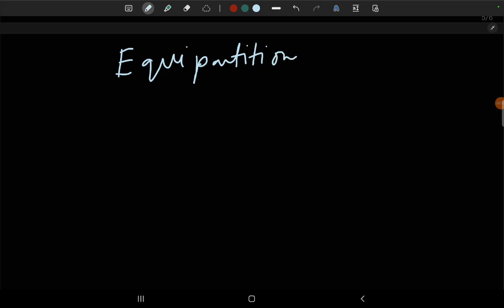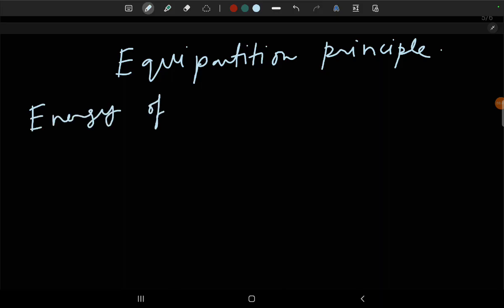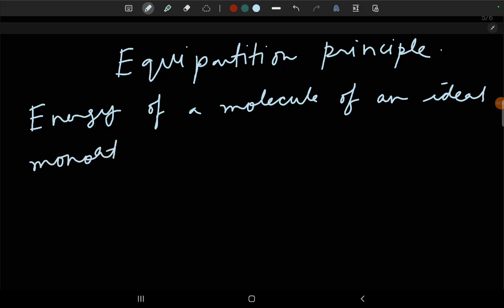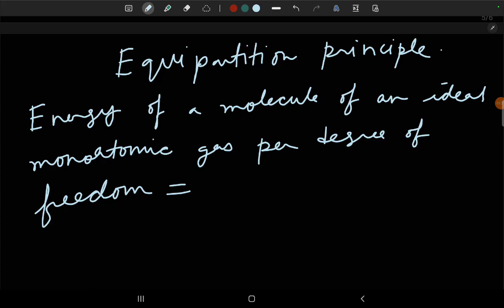We will not be going into much detail, but the equipartition principle states that the energy of a molecule of an ideal monoatomic gas, per degree of freedom, is equal to half kBT.